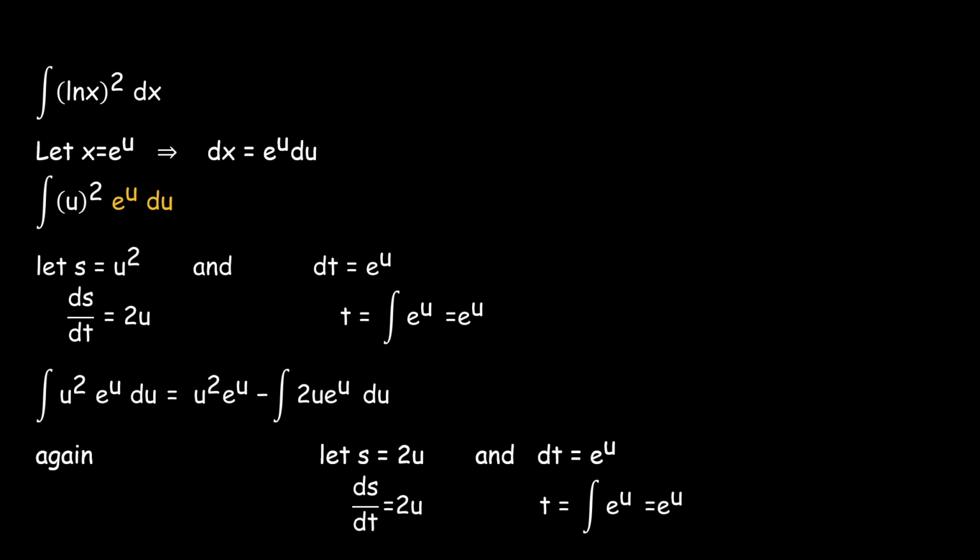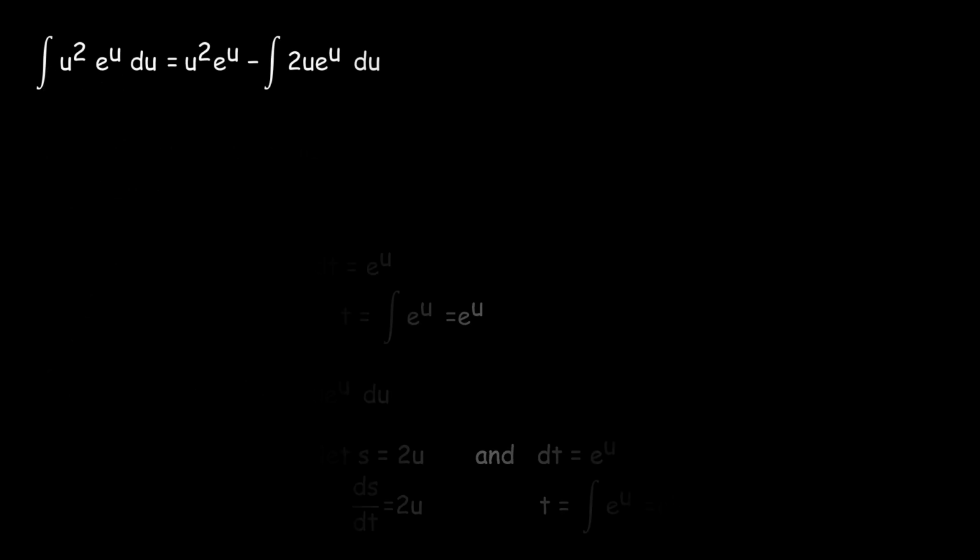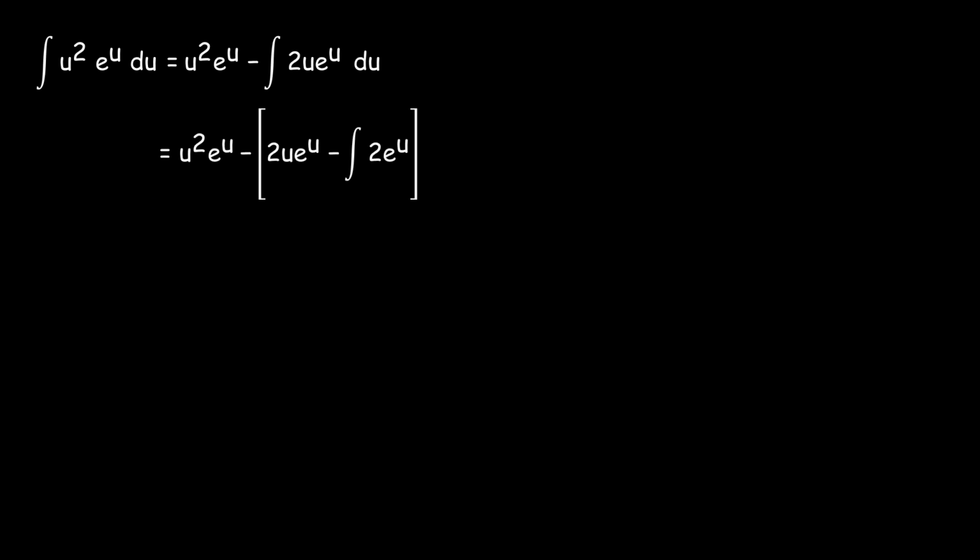So we have ds by du, and we also have t equal to e to the power u. We're going to substitute these values, and this will give us the integral of u squared e to the power u as u squared e to the power u minus 2u e to the power u plus the integral of 2 e to the power u.